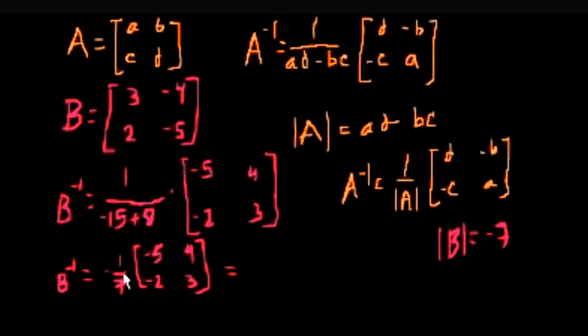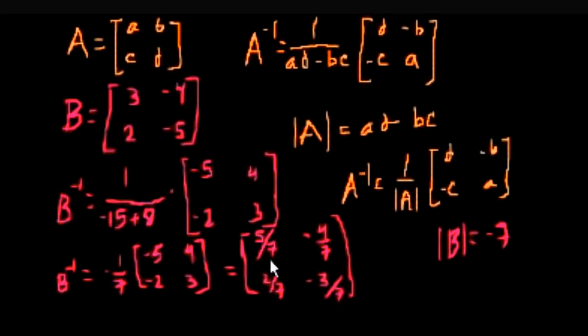This is just a scalar, just a number, so we multiply it times each of the elements. So that is equal to 5/7, minus 4/7, positive 2/7, and then minus 3/7. It's a little hairy. We ended up with fractions in here and things.